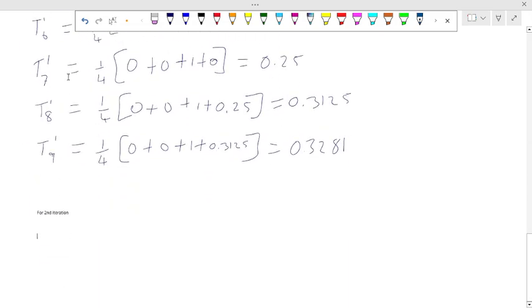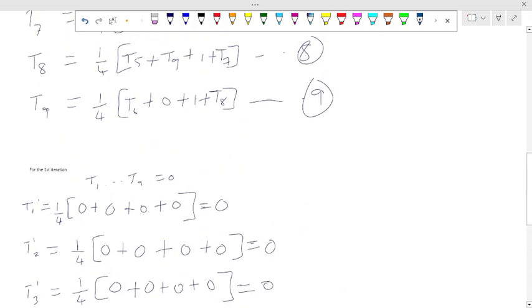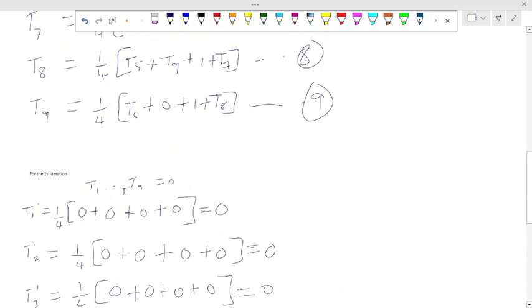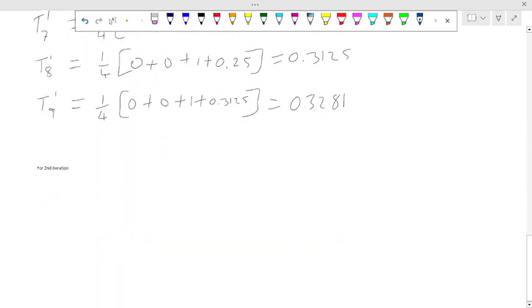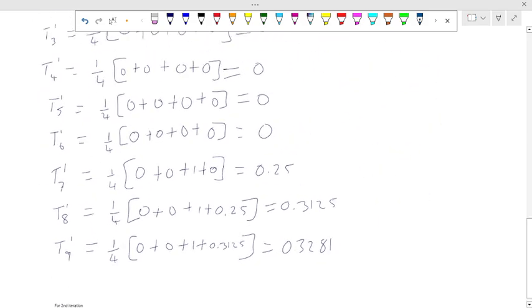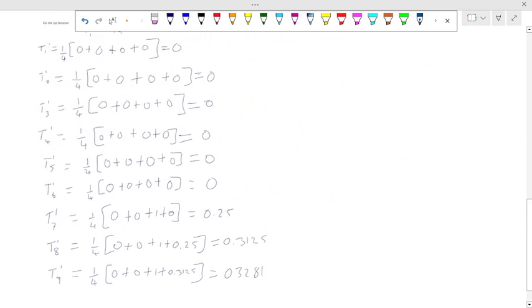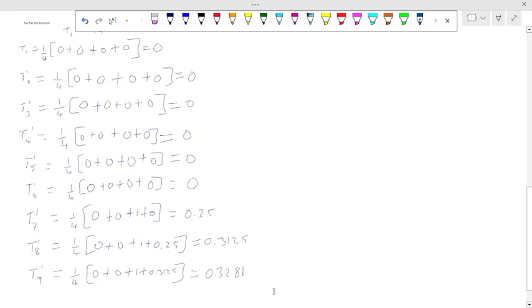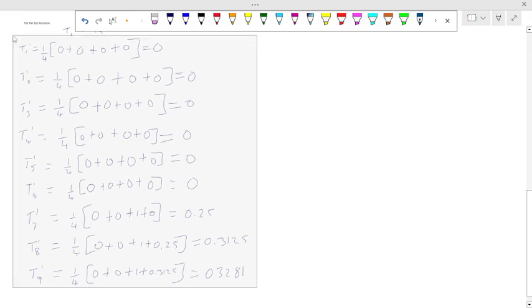Clear? Latest value for T7 is this, for T8 is this, for T9 is this. We are no longer going back to these. Are we together now? Now let me just paste these.